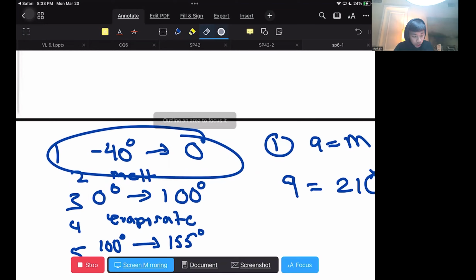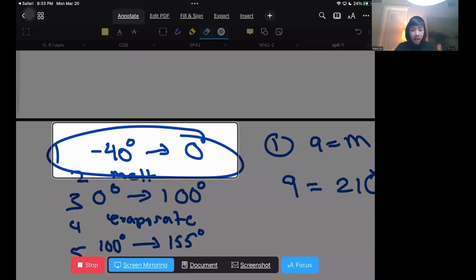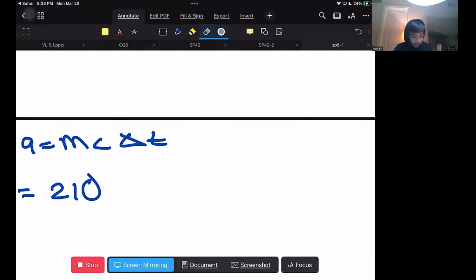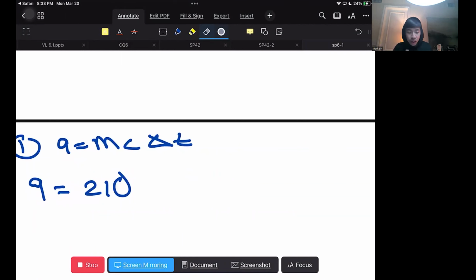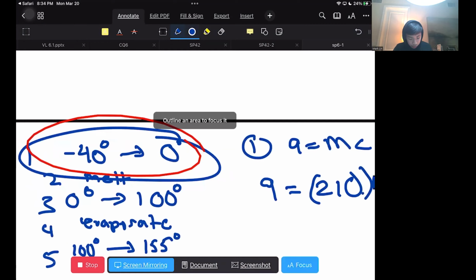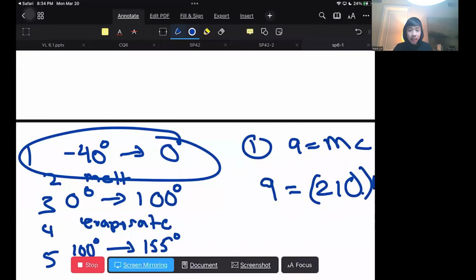We're working from -40 to 0 degrees, that's in our ice form. So the specific heat of ice, Mr. Lee will always give this to you during your tests, but it's good to know. I'll just tell you right now: the specific heat of ice is 2.06. And our temperature change is just this: what is the temperature change from -40 to 0?